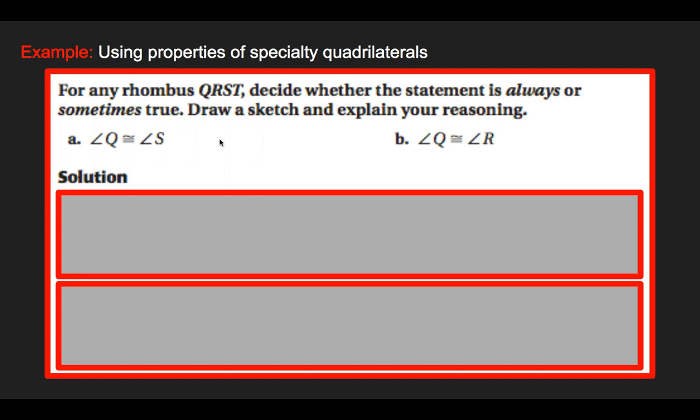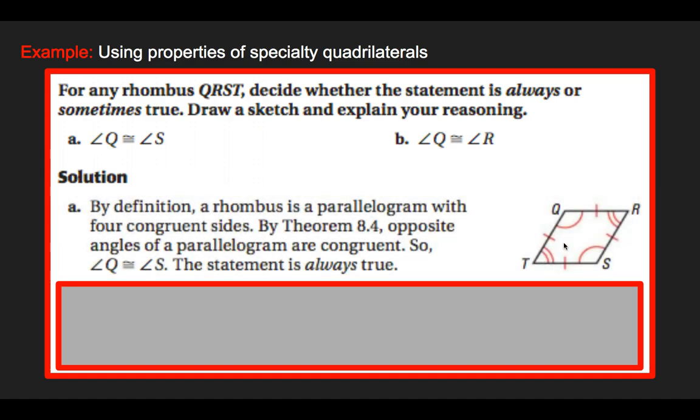If I think about drawing a figure QRST, Q and S would be opposite from each other. In order to make Q and S congruent to each other, we know that it must be a parallelogram because opposite angles are always congruent in a parallelogram.